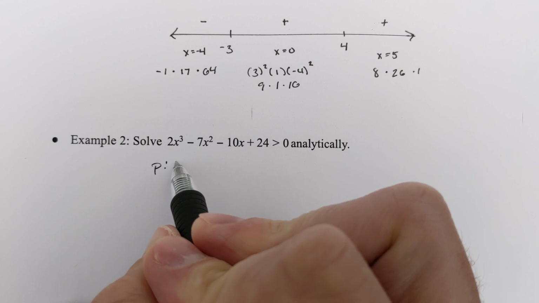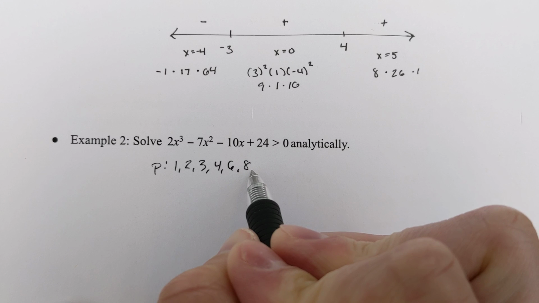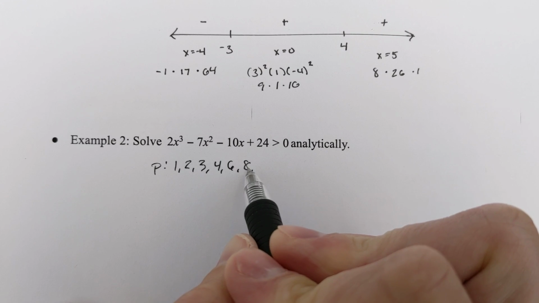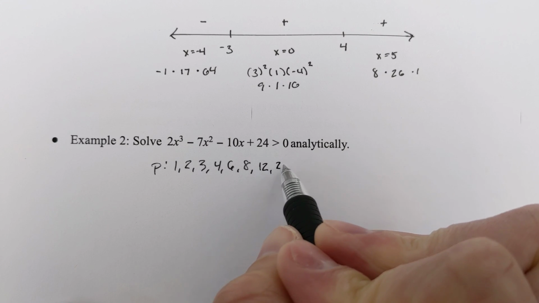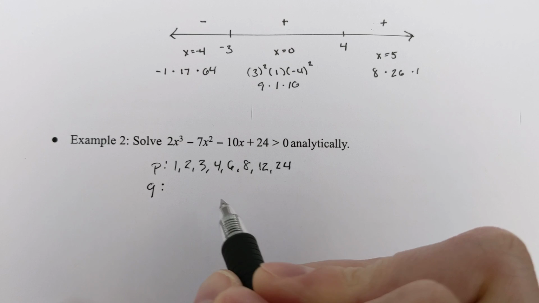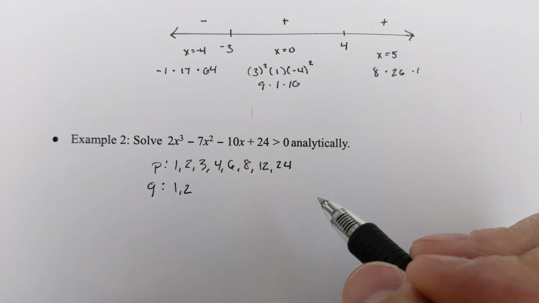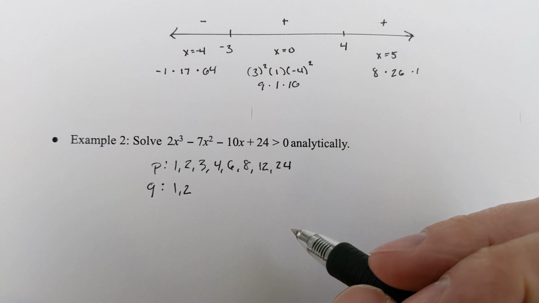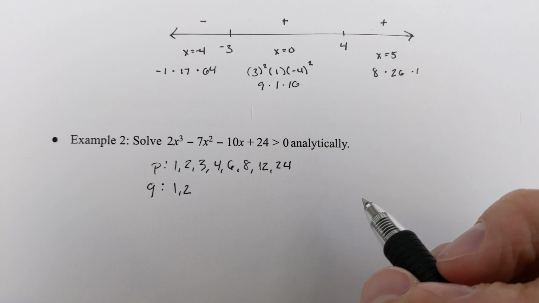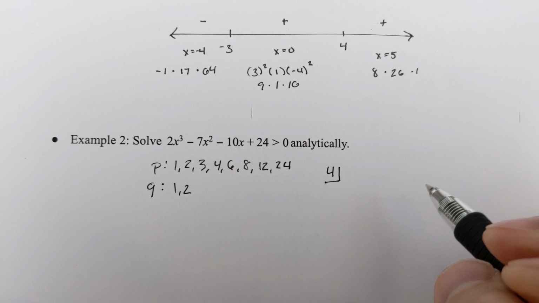P's are the factors of 24: 1, 2, 3, 4, 6, 8, 8 times 3, 2 times 12, 24. Q is the factors of 2, 1 and 2. So you're going to get a whole host of these that I don't really feel like writing down. But if you use your graph, one that definitely will work is 4. So we know 4 is a 0.